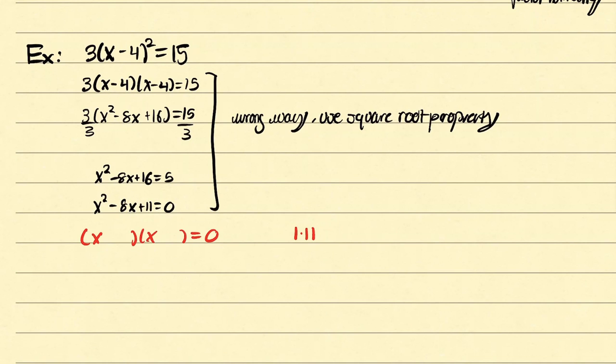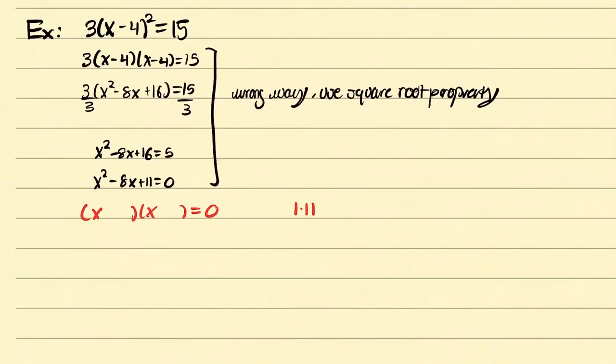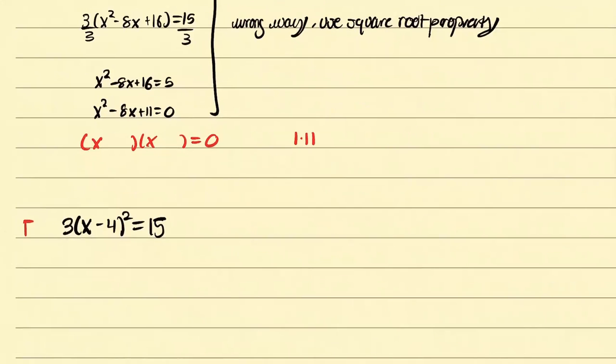It's unfactorable. But if we use the square root property, you'll see why these solutions are harder to find using factorization. What we're going to do is instead use the square root property.